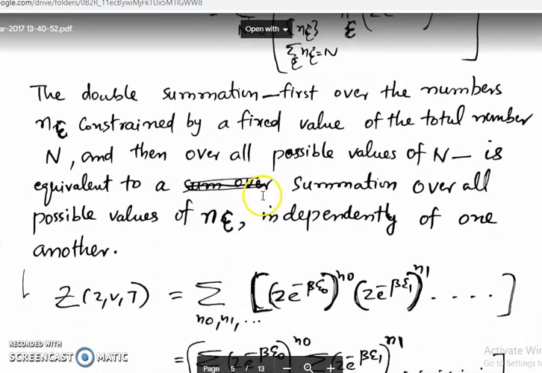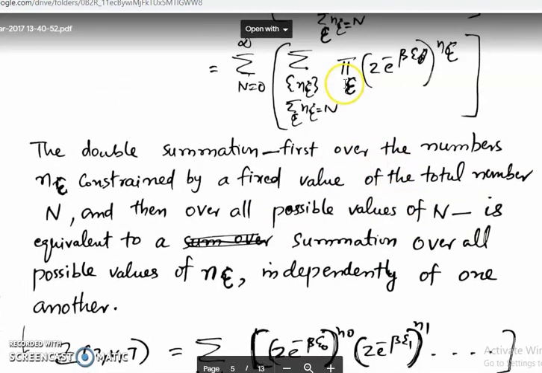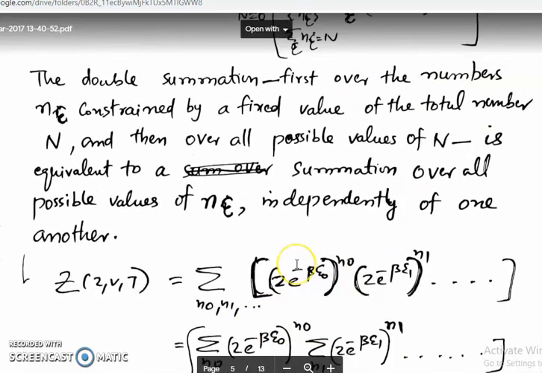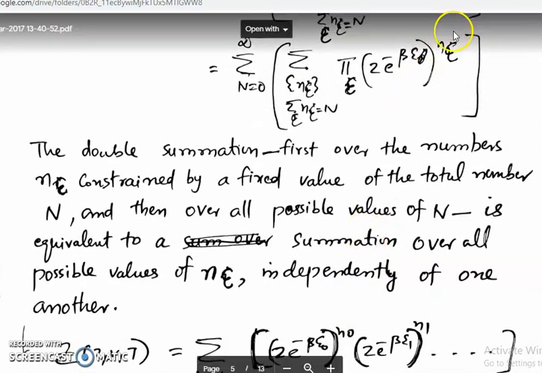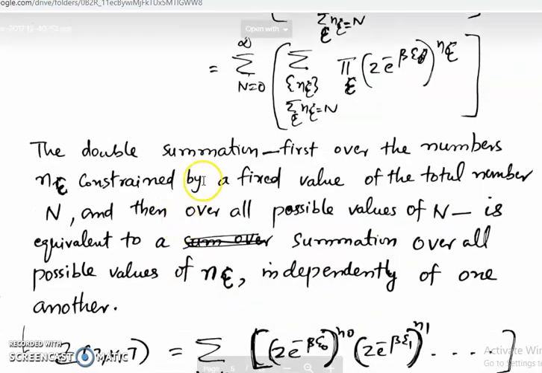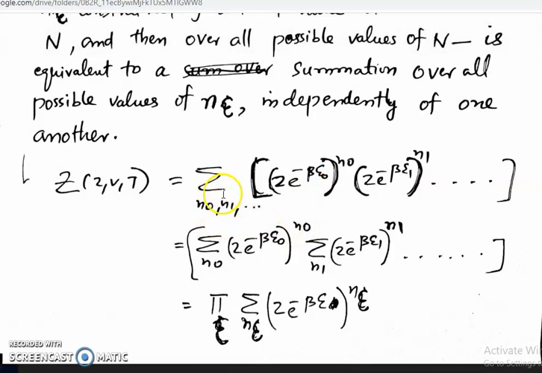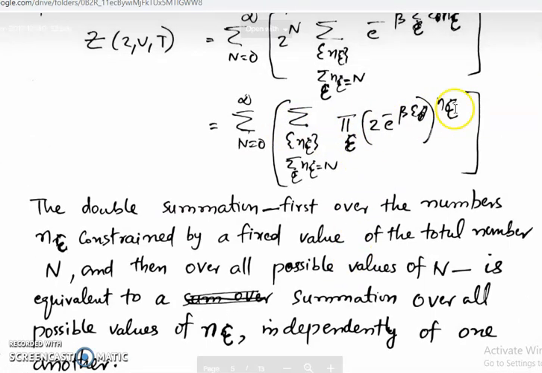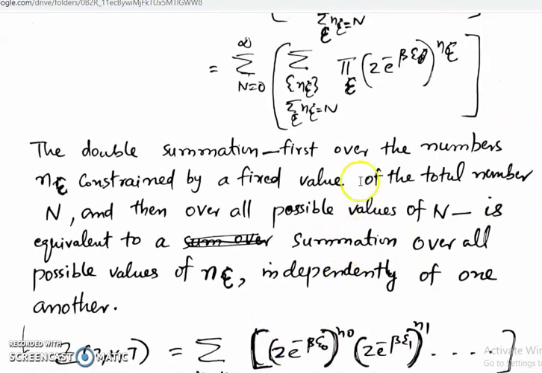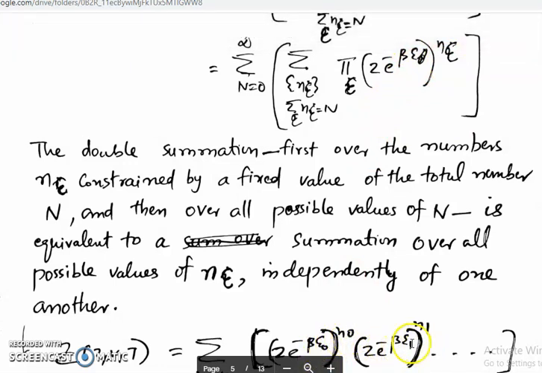So we are making a transition. We are writing this product over the different single particle states in this form: z e to the power minus beta epsilon 0 to the power n0, z e to the power minus beta epsilon 1 to the power n1.